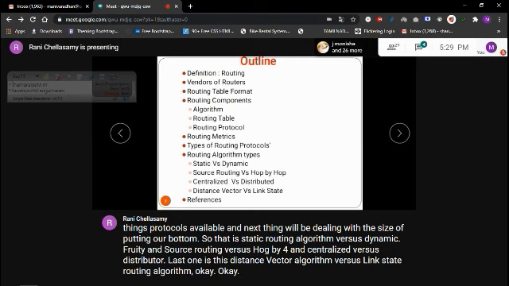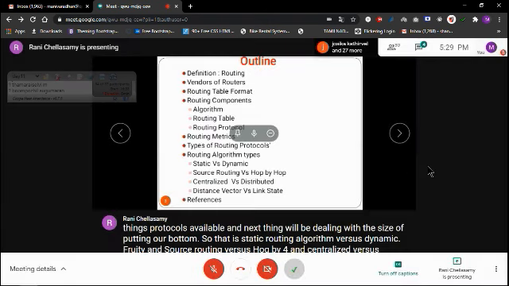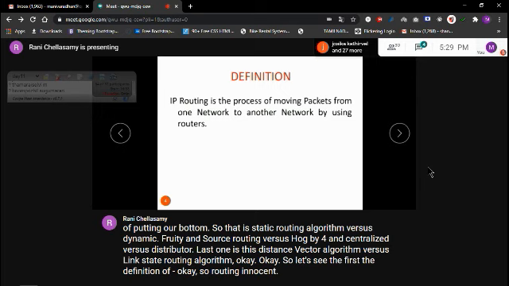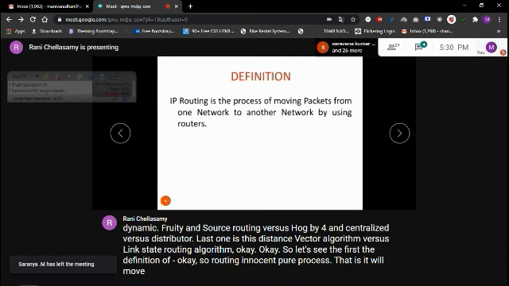Okay. So let's see first the definition of IP routing. So routing in the sense, the router will do the process of routing, that is it will move the packet from one network to another network. Okay, that's the main process of router.